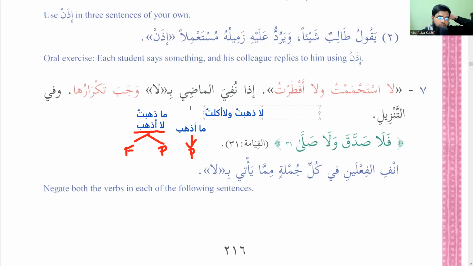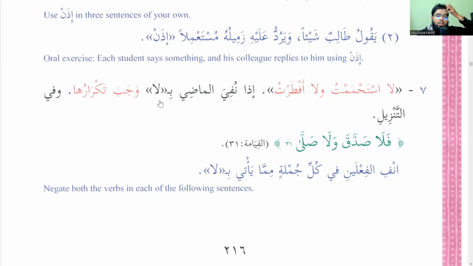Okay, this is what he is teaching now. It says, "lastahmamtu wala aftartu", if you're negating the past tense verb with "la", it's mandatory that you repeat it. So the Arabs use "la" with the past tense only if you repeat it, and the meaning goes this way.